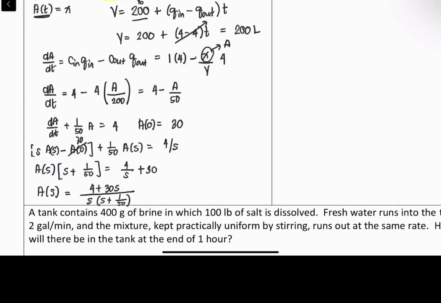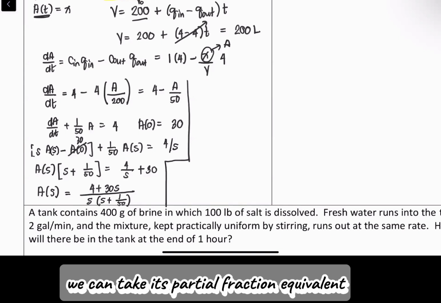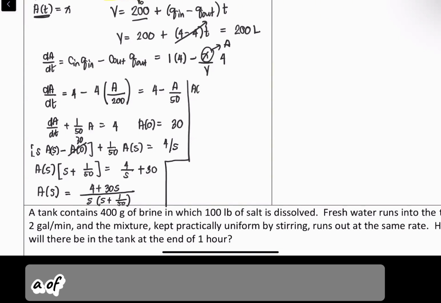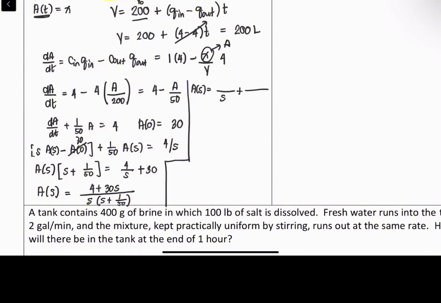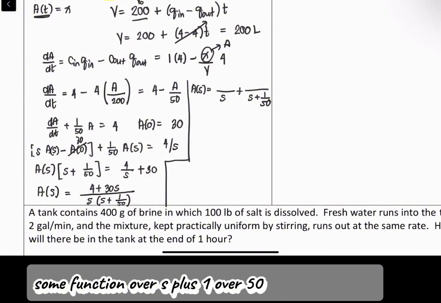With this, we can take its partial fraction equivalent, A of S equal to some function with the denominator S plus another function over S plus 1 over 50.